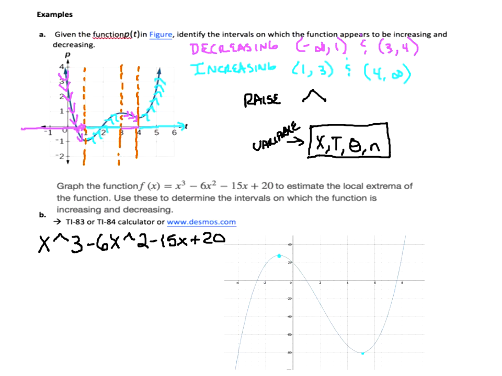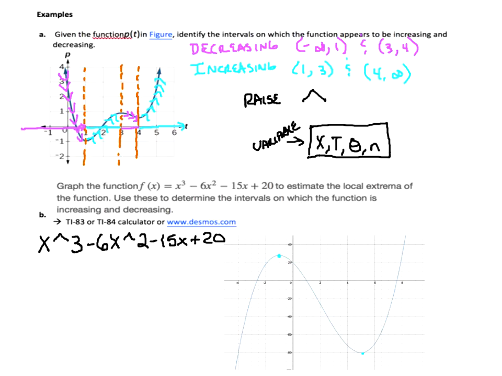Now that we've gotten to that part, we can actually calculate, using our calculator, that minimum and that maximum value. So, to do this, follow with me, Cyprian. If you look up at the top, you have a trace button.